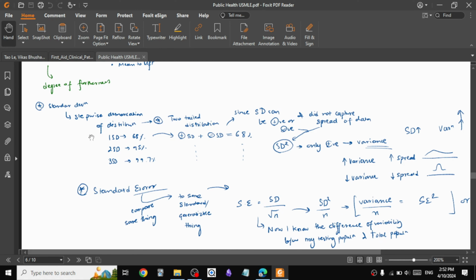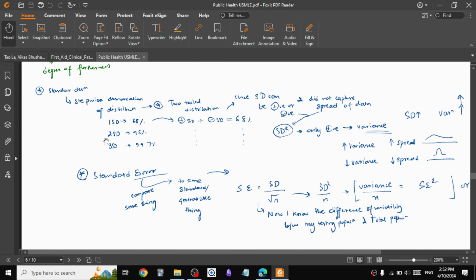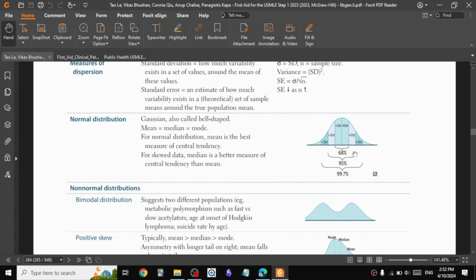So wherever you see standard deviation, this phenomenon occurs. You have positive standard deviation, which means stepwise demarcation of the values, the total number of values. And every stepwise demarcation helps you gauge what the actual data is.